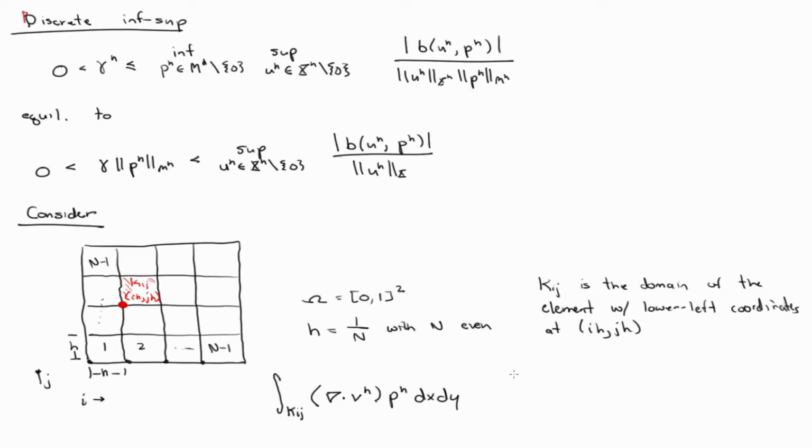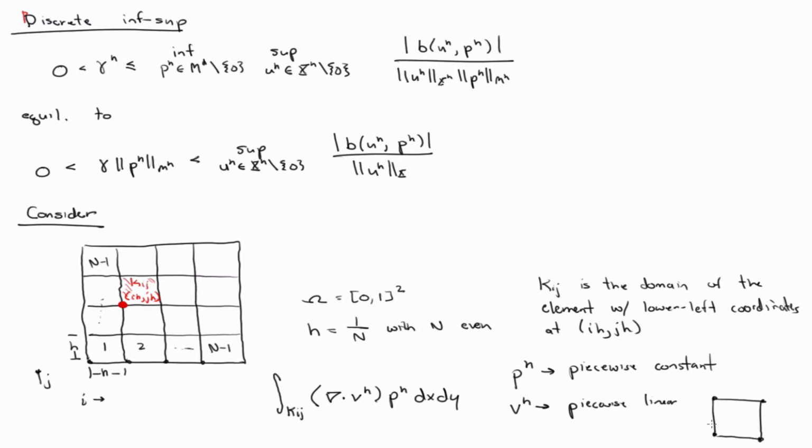So the finite dimensional subspace we'll choose is P is going to be piecewise constant, and V is going to be piecewise linear. So piecewise linear in 2D, right, that's our four-noded quad.